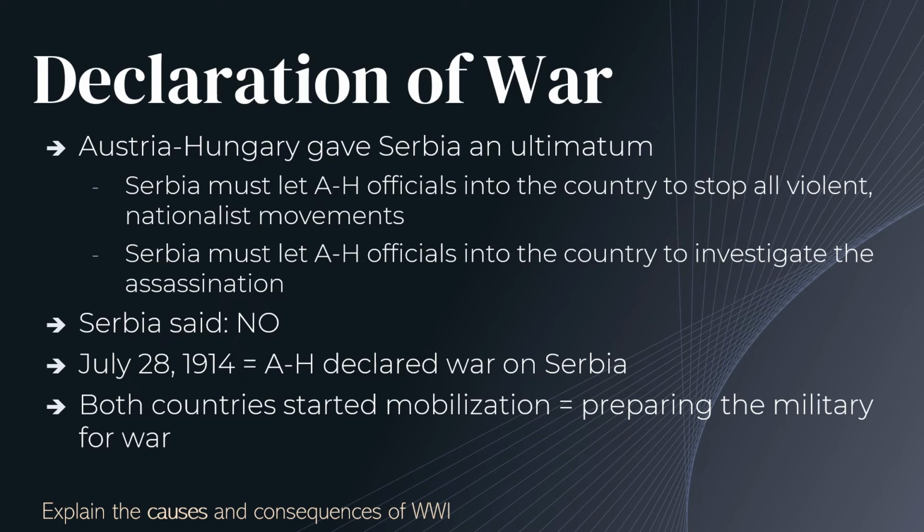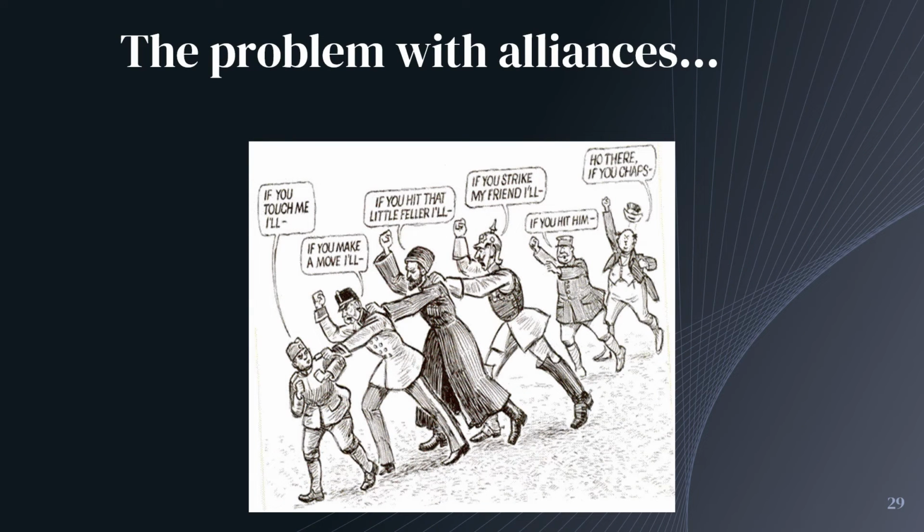At this point, it goes on, and we've got that whole problem with alliances as far as going to war. We've got Serbia on the left here. If you touch me, well, then next to them we have Austria, who's not very happy with Serbia. If you make a move, and then we can take a guess who the next person is, someone who sees Serbia as a little brother. We've got Russia there.